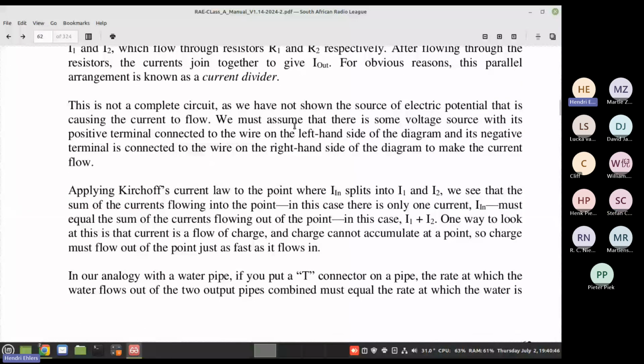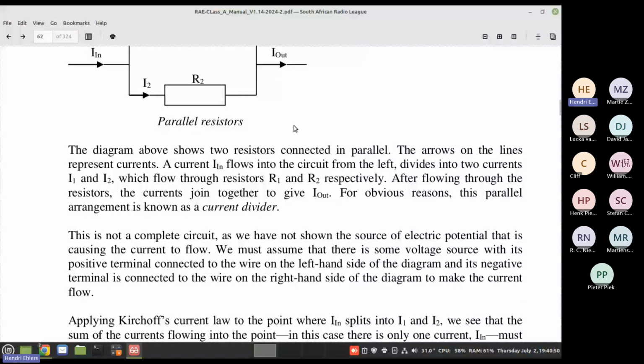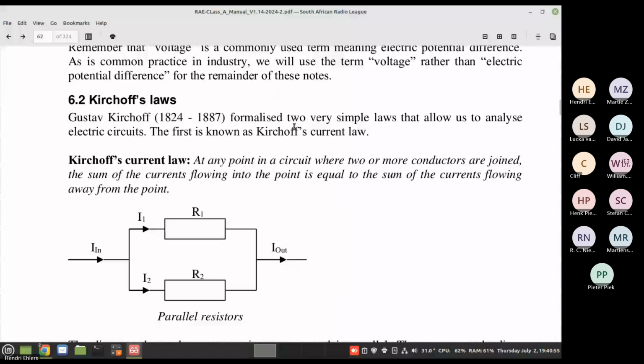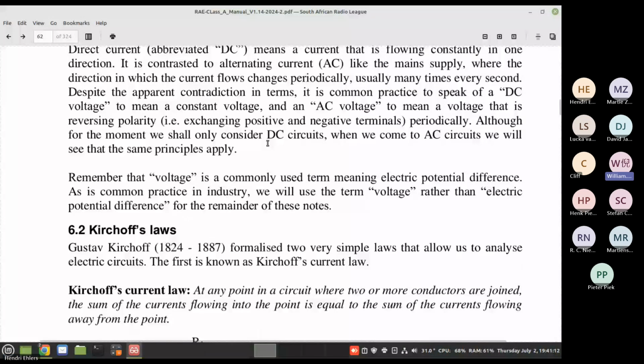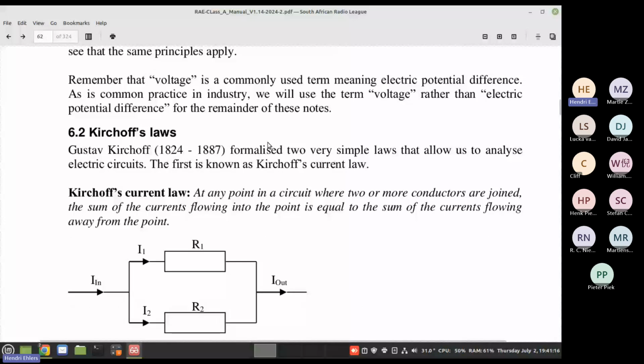So what happens is, the current through the series circuit is... okay, here it is. At any point in a circuit where two or more conductors are joined, the sum of the... okay, well, that's the parallel one. We want the series one. Oh, man.